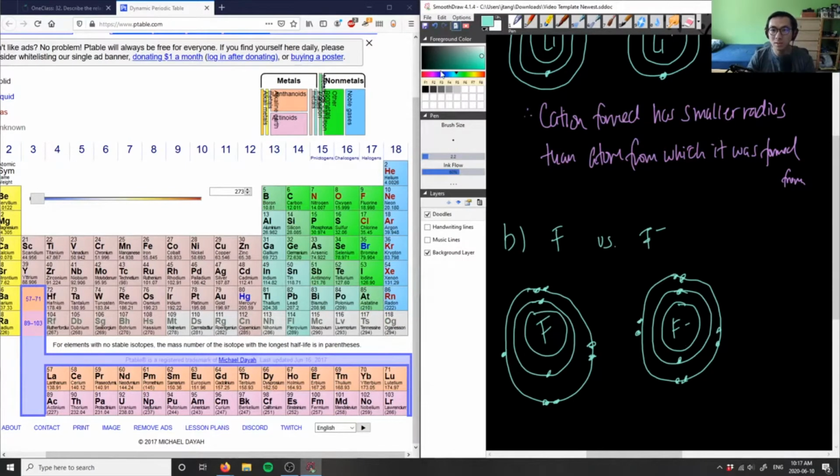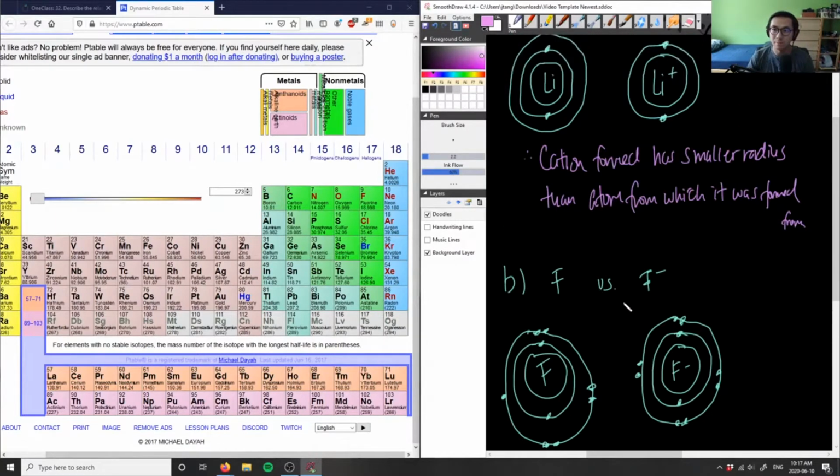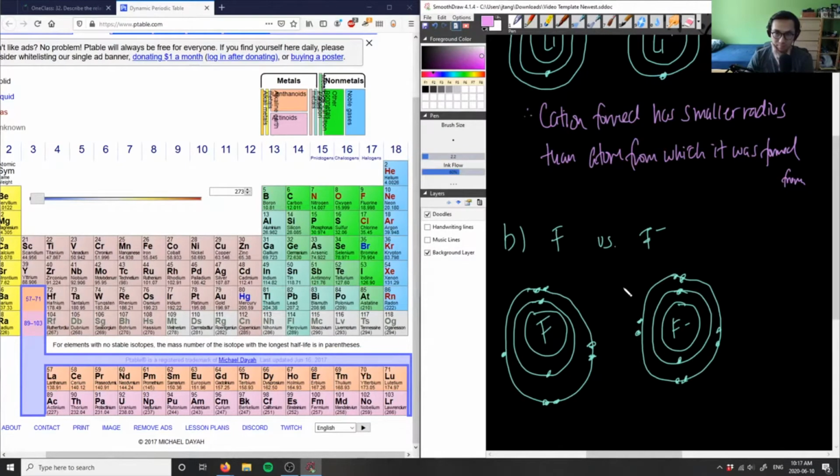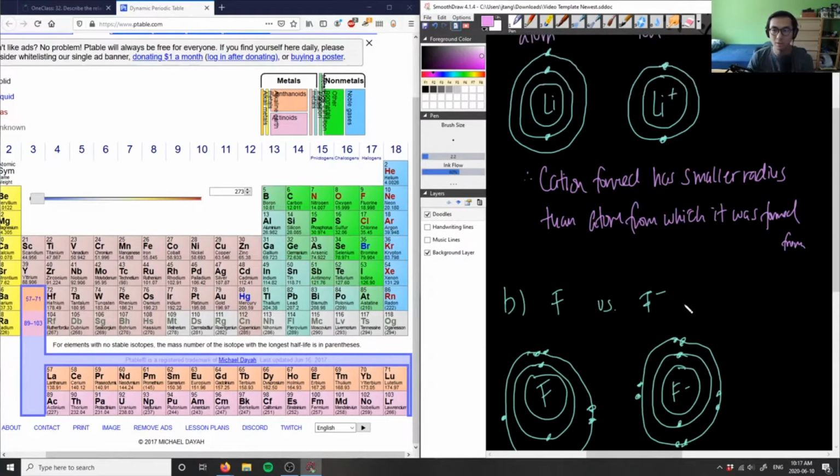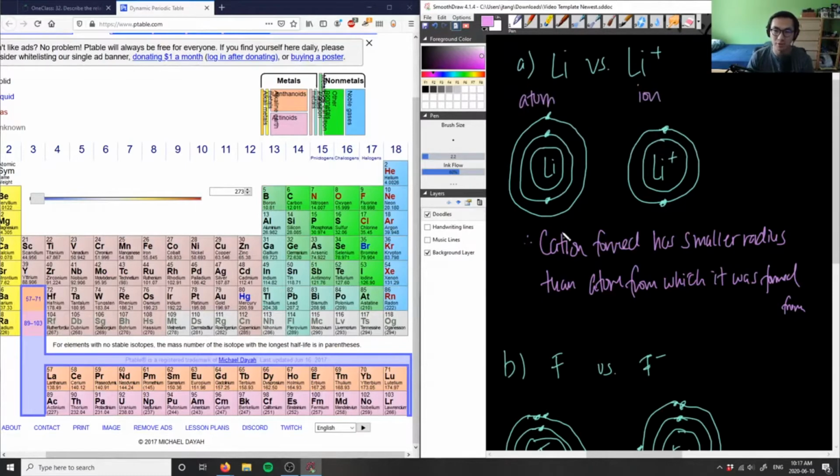And now this one is a little bit harder to see, but which one has a smaller radius, or which one would have a bigger radius? And in this case here, the anion formed. So let me backtrack here. For cations here, we know that cations form a smaller radius than the atom, because I'm basically losing a shell here, right?